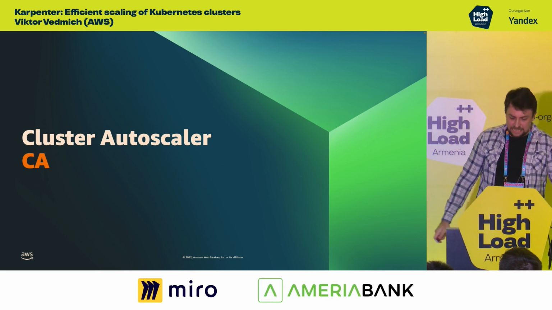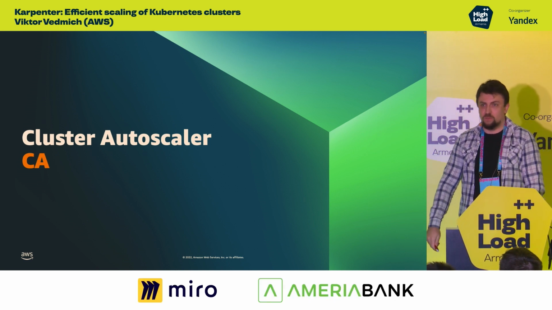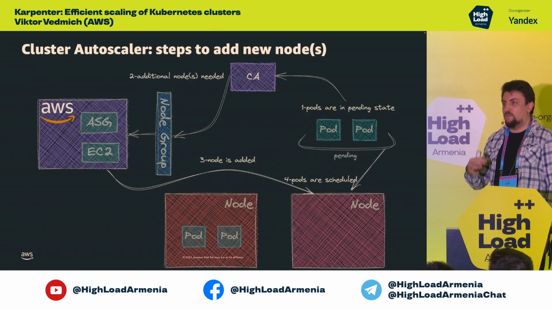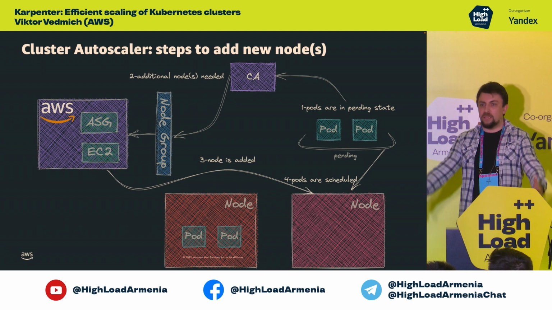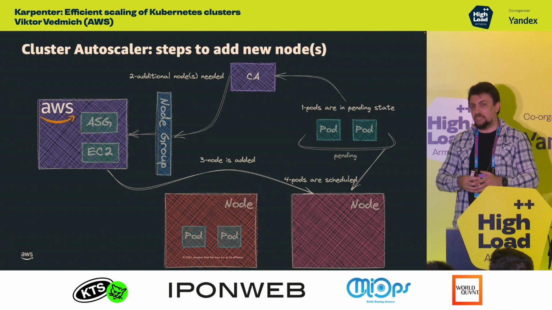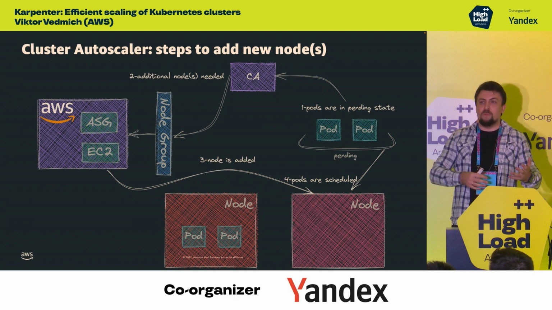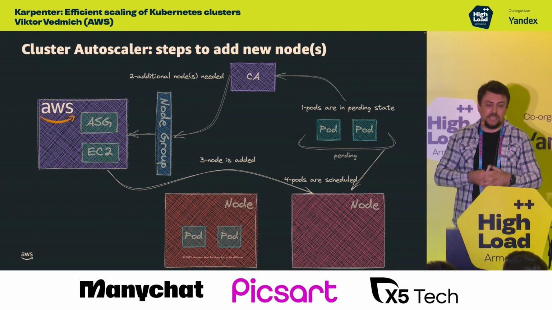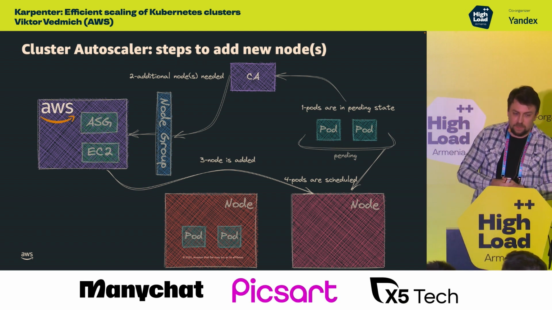So what exactly is cluster autoscaler doing to add additional resources? There are 4 main steps. The first one, I get requests for new resources, so I understand that currently I don't have enough capacity. My scheduler didn't find free space for the current request. Cluster autoscaler will communicate with the node group.